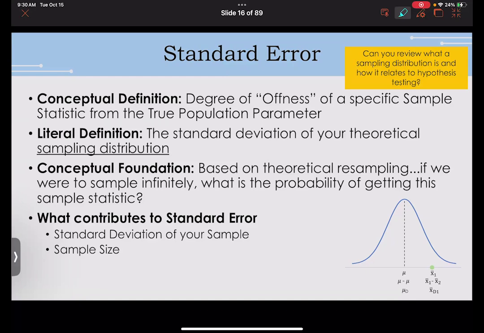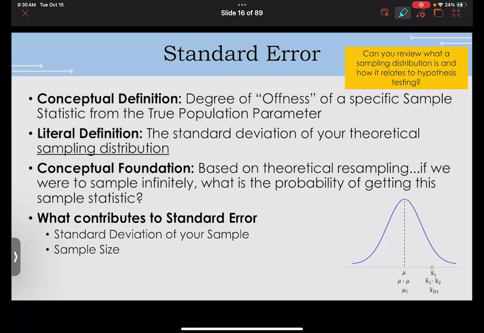So, for example, if Madlena and Hannah were to run a study on 100 people, there is a theoretical sampling distribution of n equals 100 that exists in the ether as if they resampled infinite number of times with n equals 100. And that sampling distribution is based on their sample size and the spread of their sample, because those are the two things that indicate how off your sample is from the true population.